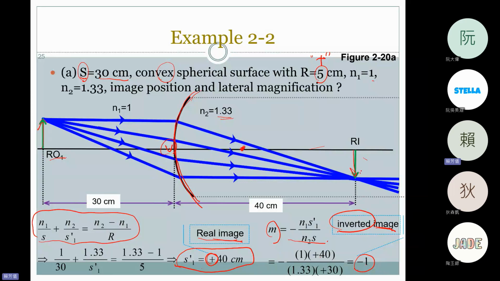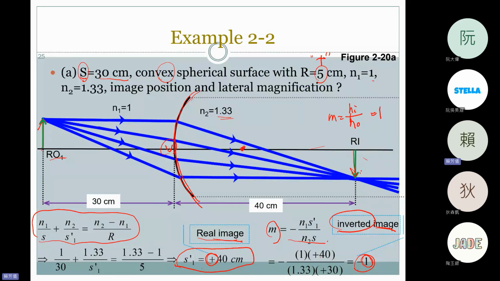The magnitude 1 means the same size as the object, because m is hi divided by ho. If it equals 1, then the image height is the same as the object height.